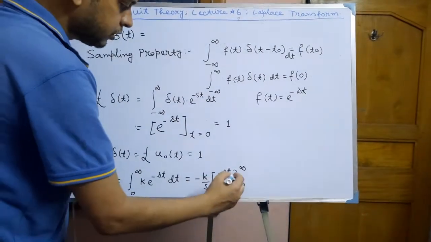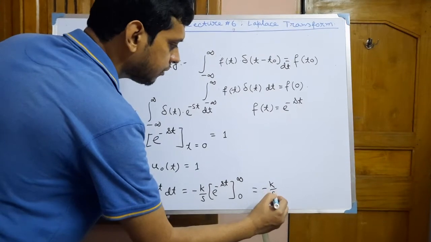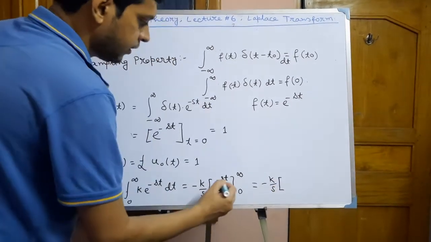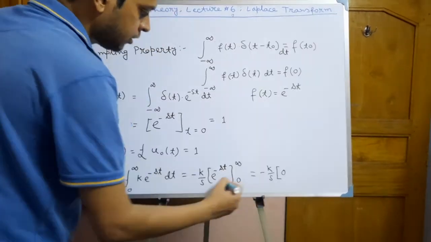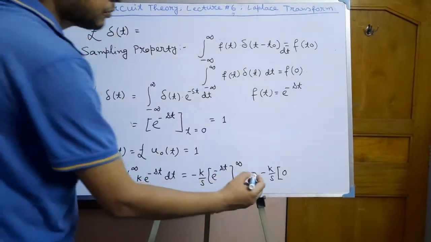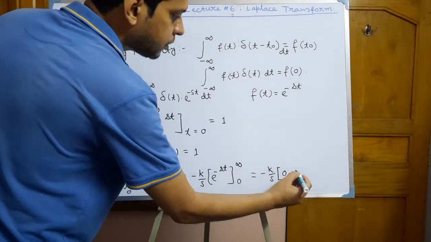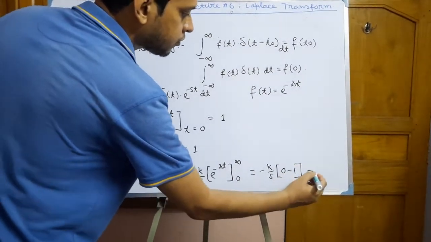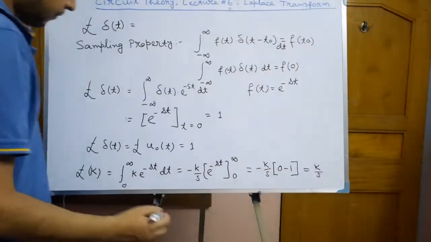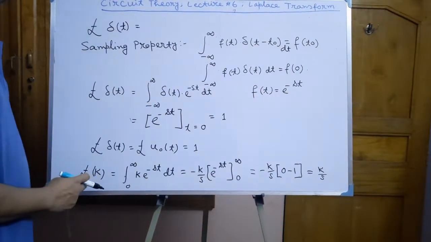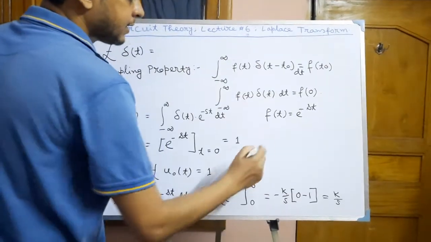Now this is equal to minus k by s times e to the power minus infinity. We all know that e to the power minus infinity equals 0, minus e to the power 0. E to the power 0 means 1. So the result is k by s.